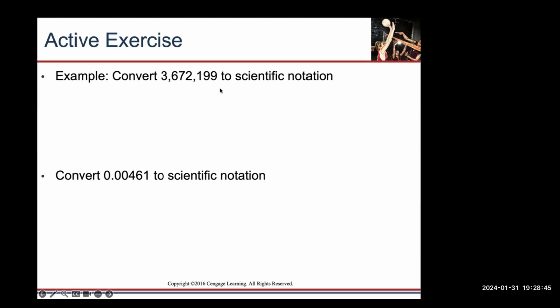Okay, good. So now what we're going to do is just move over 1, 2, 3, 4, 5, 6. So our number is going to be 3.672.